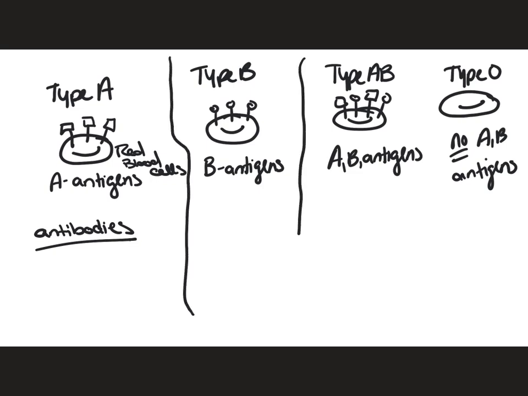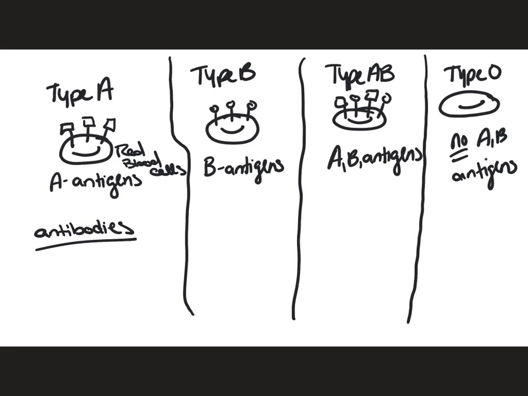So why is this important? Because depending on the type of antibody that's found in the blood, that could cause a reaction between the blood and the antibodies. So if you're thinking about giving a transfusion to somebody, you really need to know what type of blood they have before you're giving that infusion, okay?